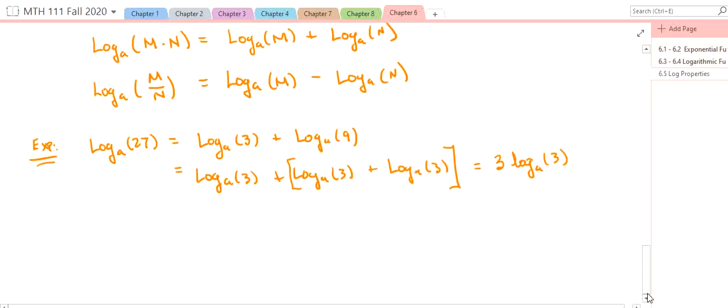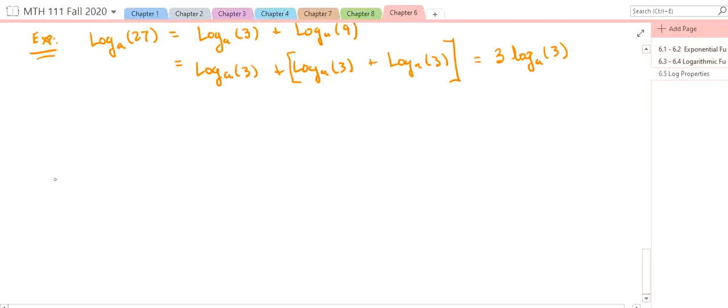That's interesting. And that leads us to our next important relationship. Essentially what you're saying here is that log base a of 3 cubed equals 3 times log base a of 3.